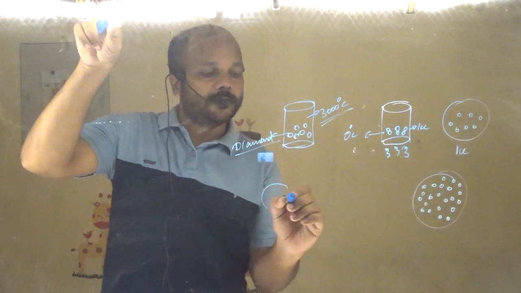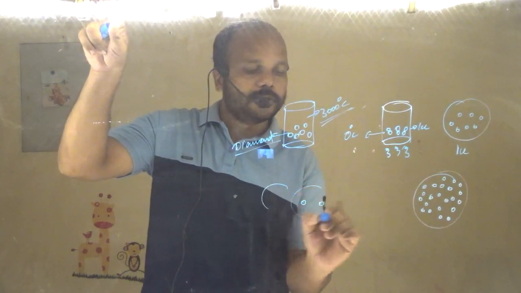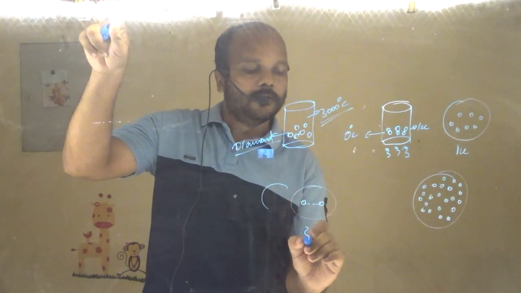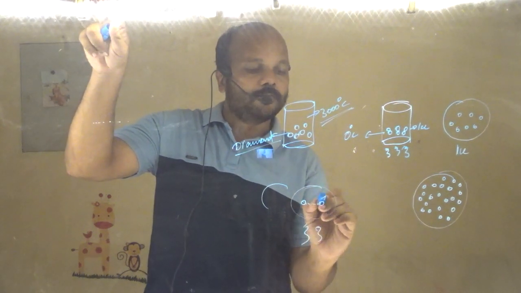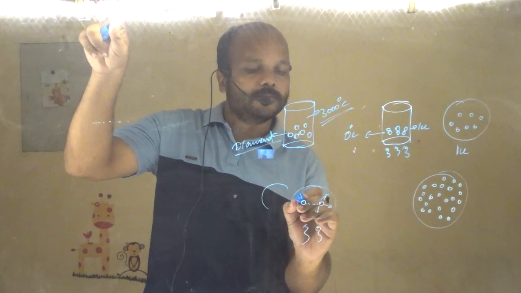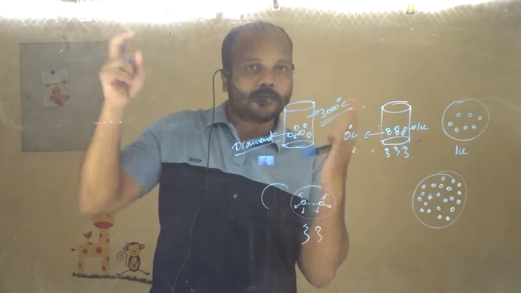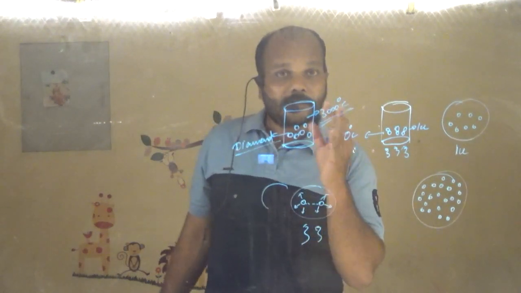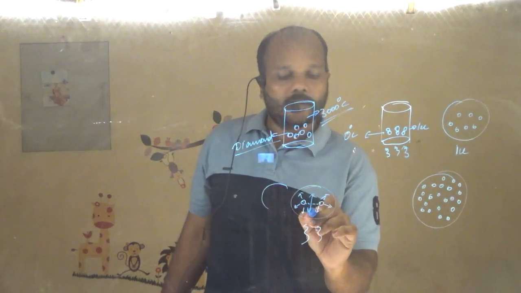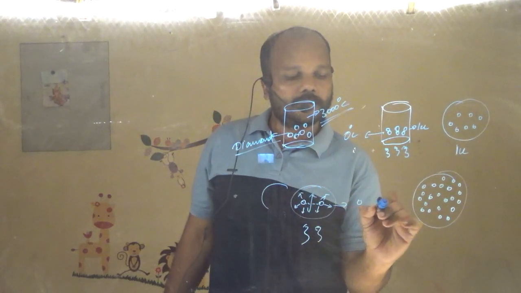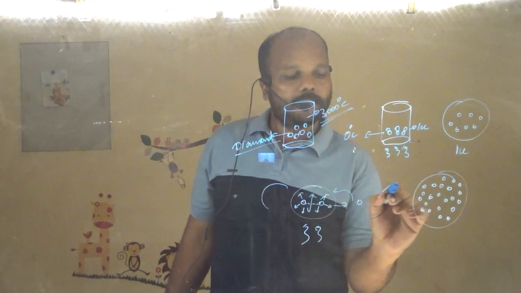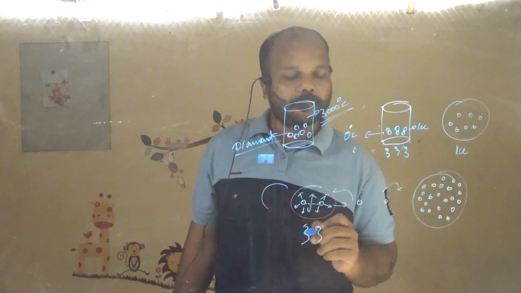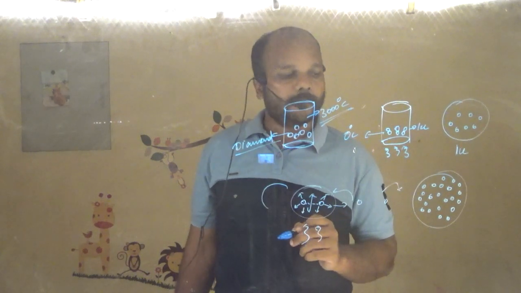Suppose these are two particles, and there is some strong force of attraction between them. When you are melting, this particle will start to vibrate and go on vibrating. Because of the vibration, the force will break apart, and these two particles will go away from each other. It will go on keeping away. This is what is going to happen.